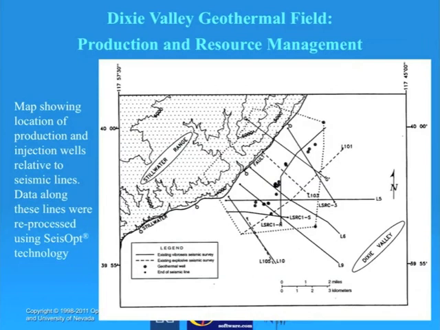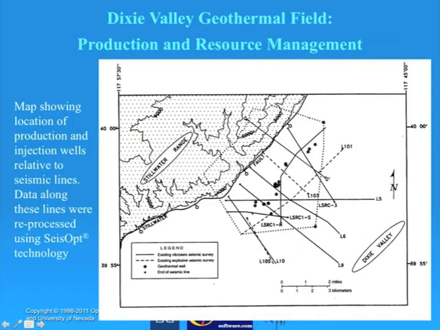So in Dixie Valley, the objective was to improve an existing field by understanding the geothermal system better and the tectonic structure. In this map, we see a number of production wells and injection wells, and also seismic lines that were shot back in the 80s.